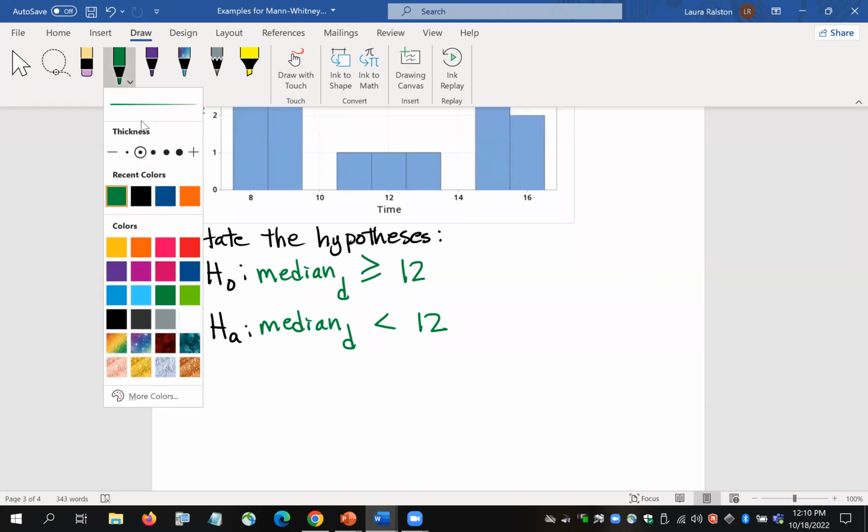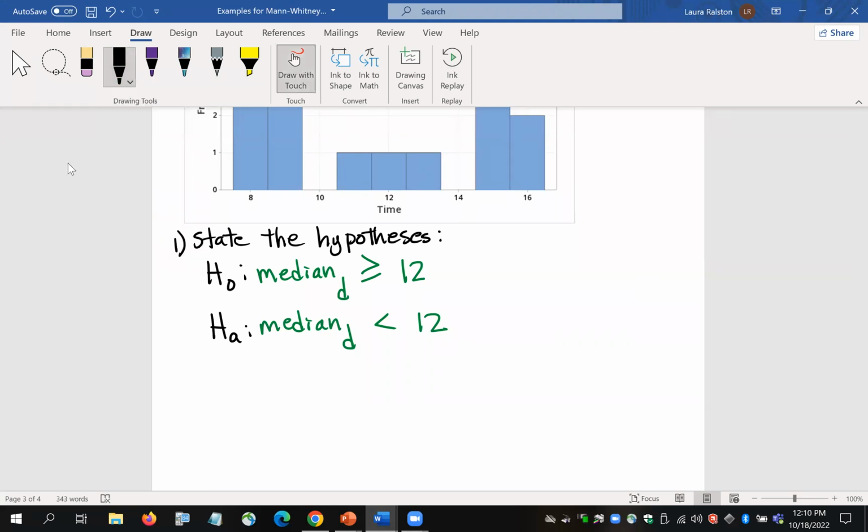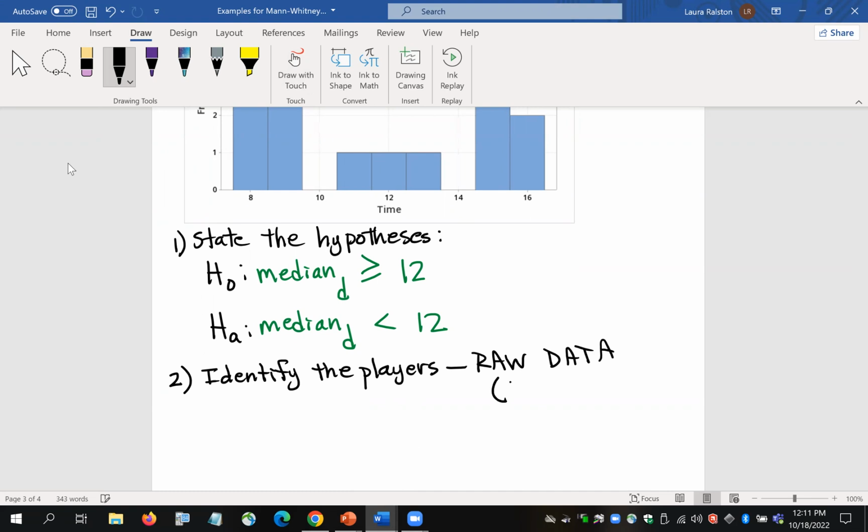We already have our data set. I pulled it in so we could look at the histogram. But again, here what you have is the raw data. But remember that raw data is just the differences. And my alpha is 0.05.